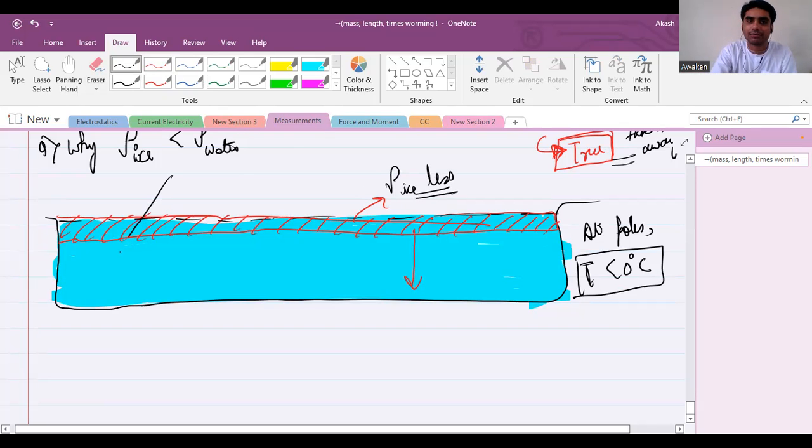Therefore, icebergs, they float. The Titanic got stuck due to an iceberg. They float, or the ice floats. And because the ice floats, this portion which gets frozen on the top insulates the bottom ocean from getting further frozen. You got it? This portion acts as an insulator.